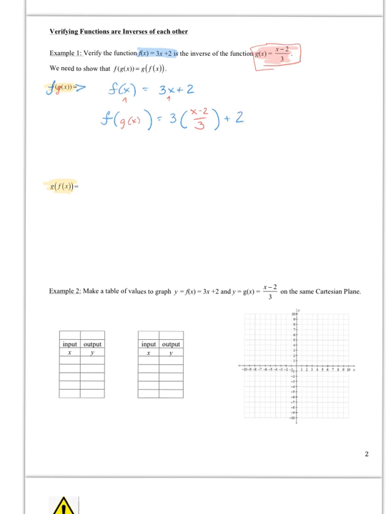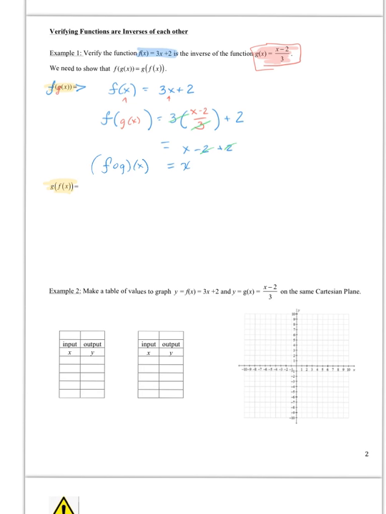So if I look at the right-hand side of that equation, I can simplify. And that is going to give me x minus 2 plus 2, which is just x. So I have shown that f composed with g, with respect to x, is in fact x.